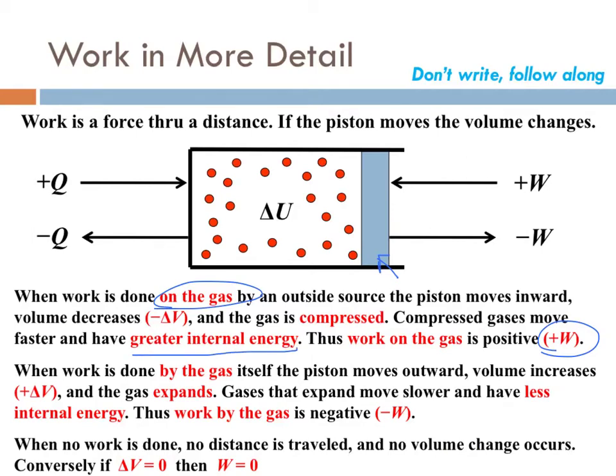Now, let's say that the gas itself does work. By that, it means that when we let this piston go after we've already compressed it, now this piston is allowed to move. And what the gas is going to do is start pushing it outward. So as it pushes it outward, the volume is going to increase. As that volume increases, the pressure is going to drop.